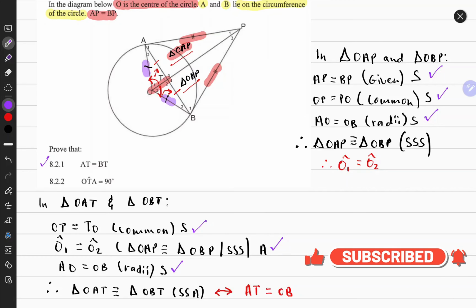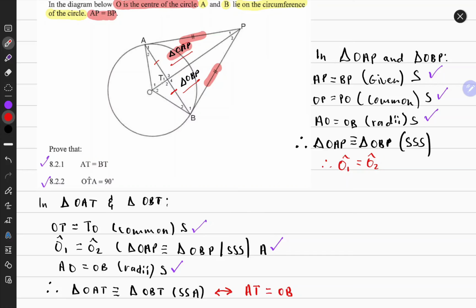So the second part of the question wants us to prove that the angle OTA is 90 degrees. That is, this angle OTA is 90 degrees. Notice that OA and OP are adjacent and equal in size because of radii. AP is equal to BP, and those two corresponding sides are adjacent.